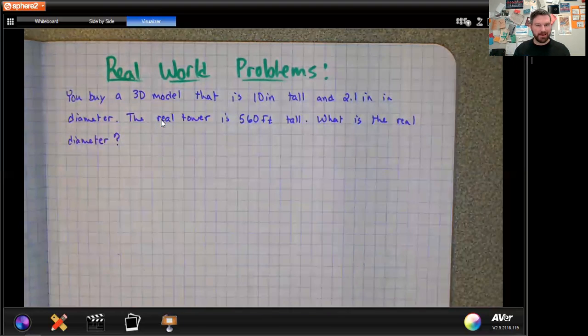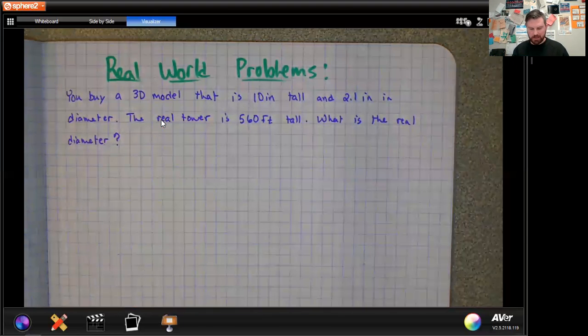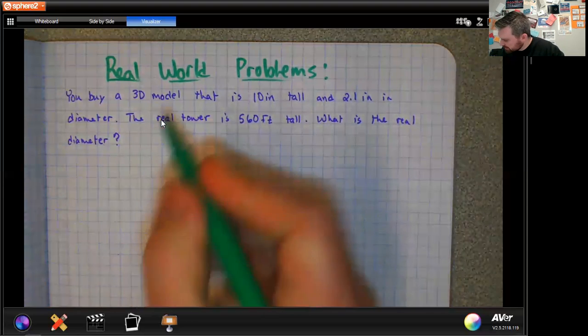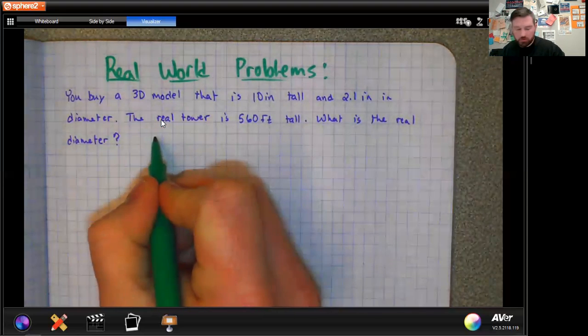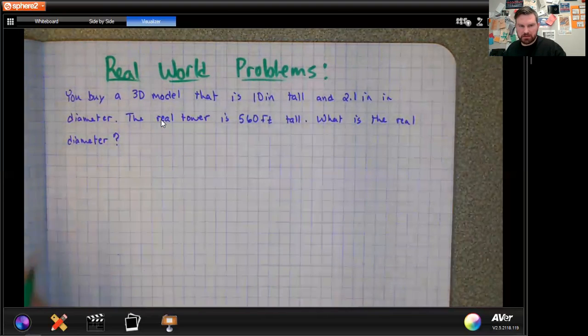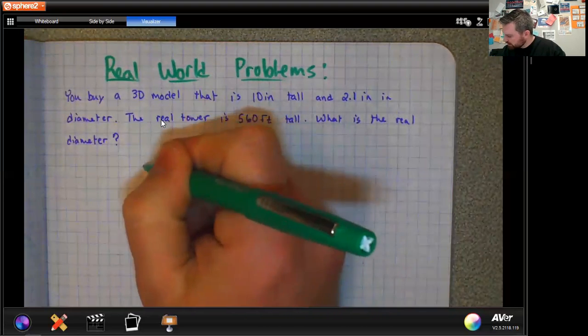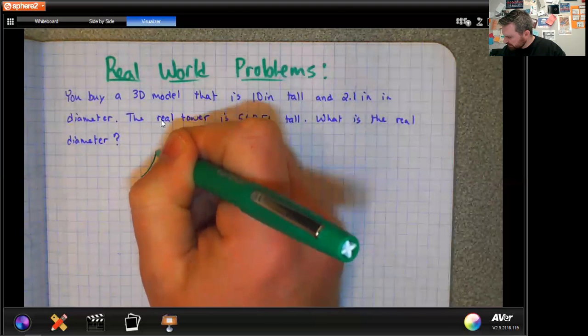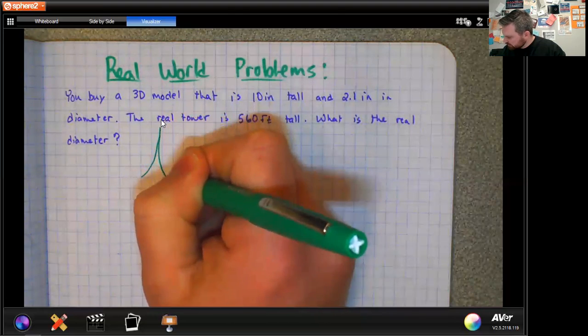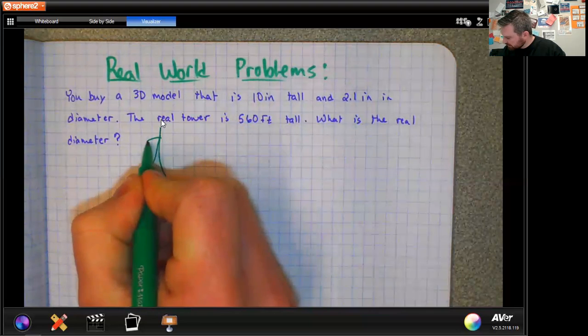Okay, for any word problems, we like to draw a picture about what's going on here. So you have bought a model and it's a tower. We're going to assume it's the Space Needle because I'm given a diameter. We'll say it looks something like this.